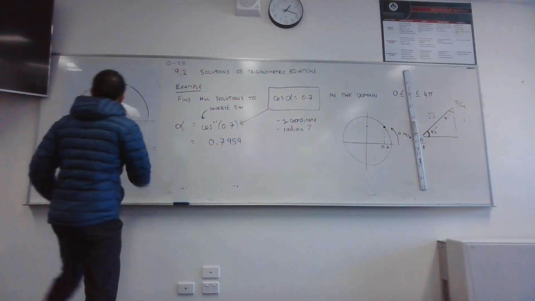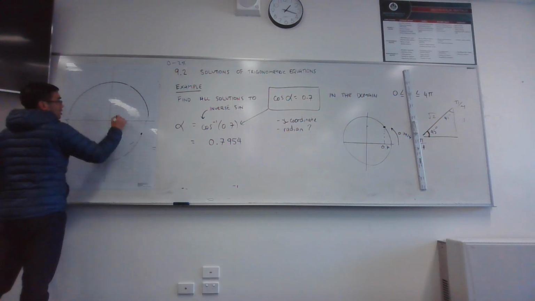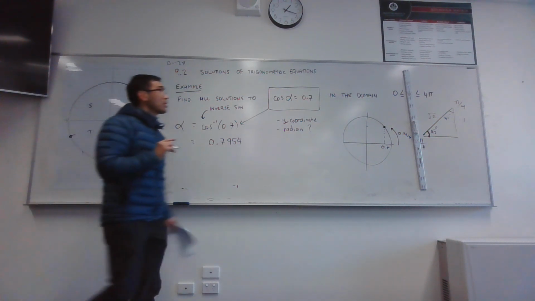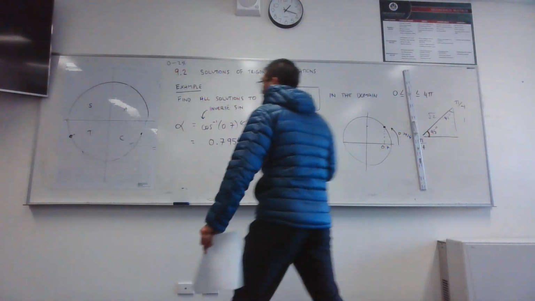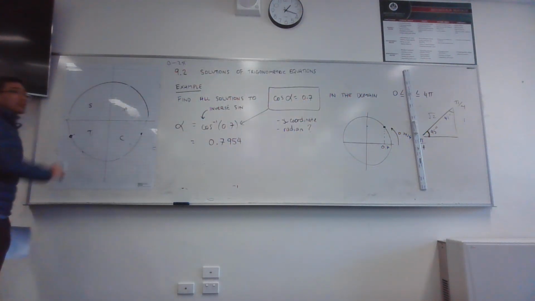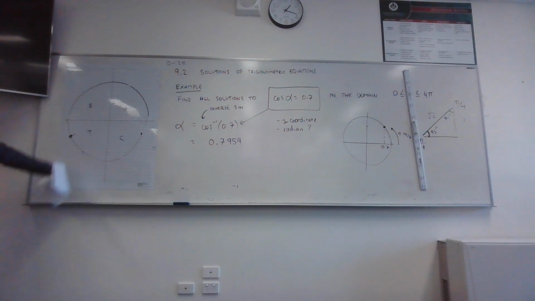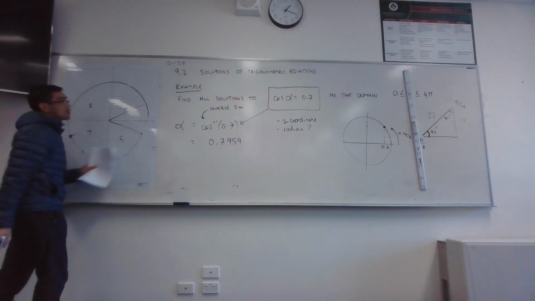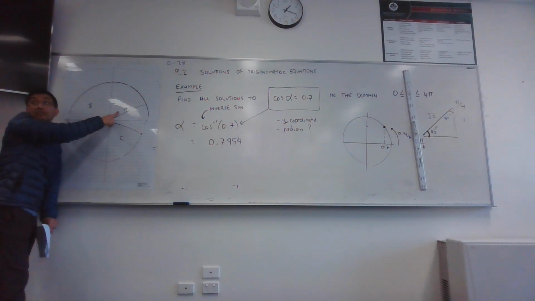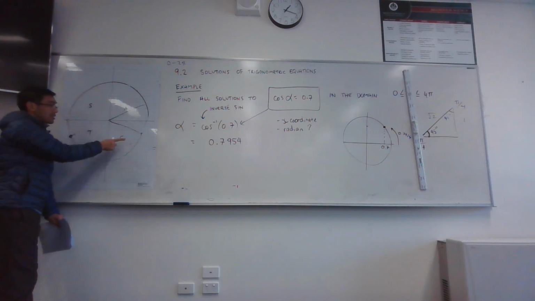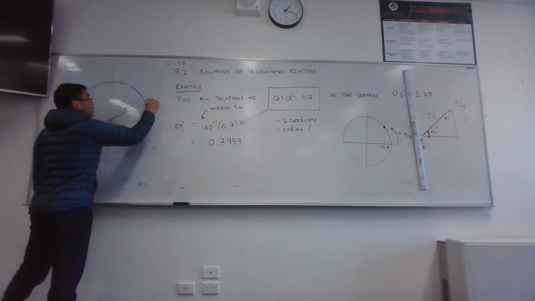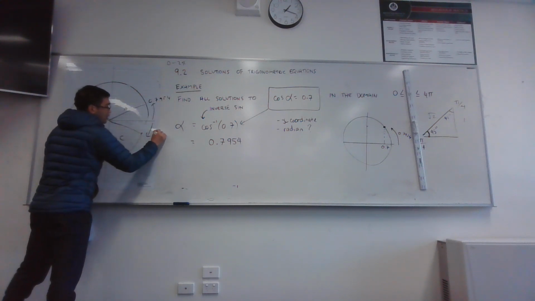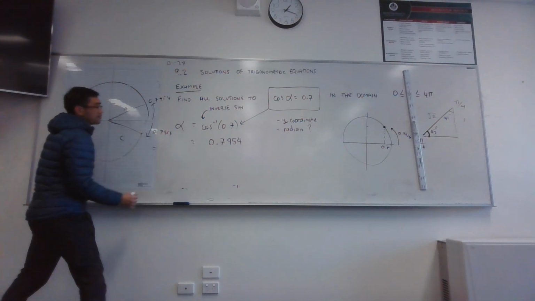Okay. We still use our CAST. Is our original equation positive or negative, and therefore which quadrants? Positive. Quadrant 1 or 4. Cosine is positive in the all section and also in its own section here. 0.795 that way, and 2 pi minus 0.795 this way.